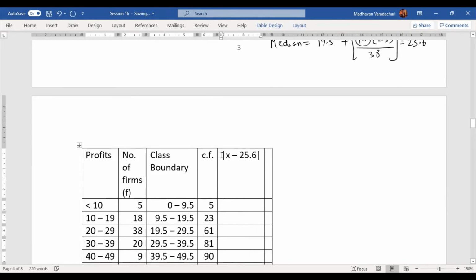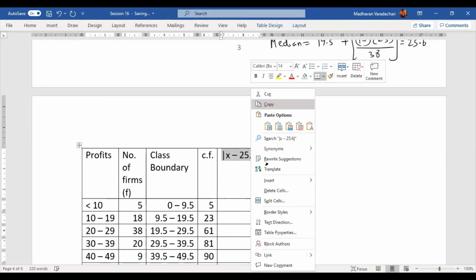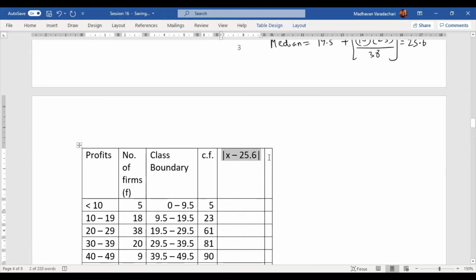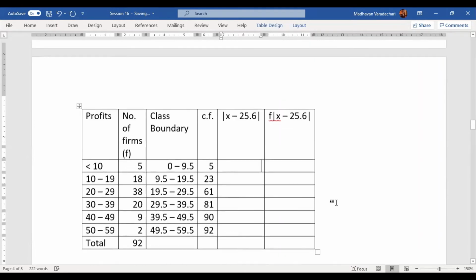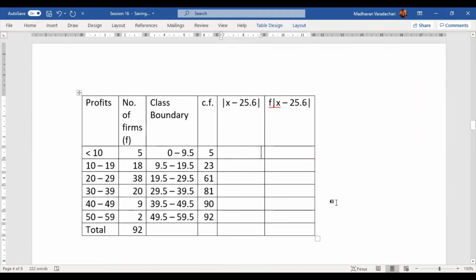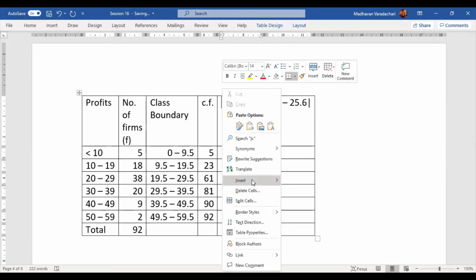Then let me copy this. And here I will write that f. So first one, x, I need x also, sorry. That means let me introduce one more column.